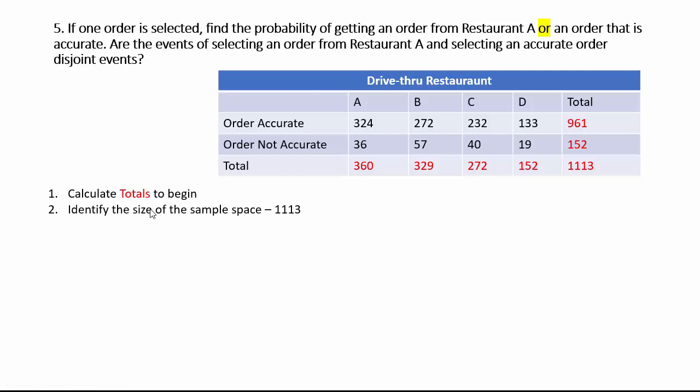Because just like the other problems, you need to identify the size of the sample space, which is this grand total from the table, 1,113. And then identify the desired probability.